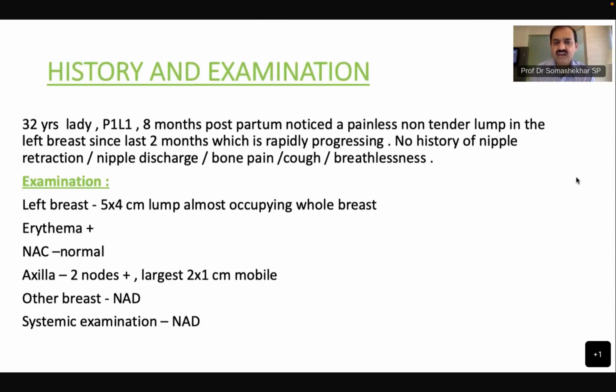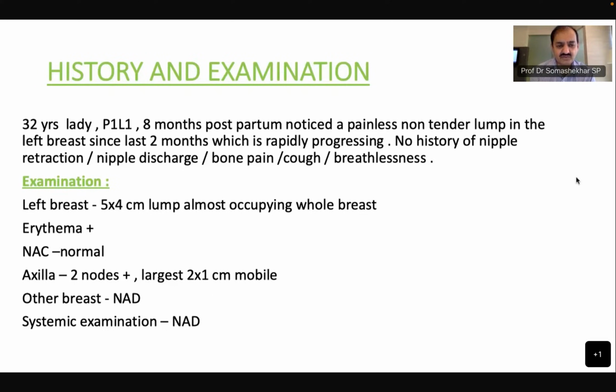So, a young lady, 8 months after her delivery, noted a painless, non-tender lump in the left breast since 2 months, rapidly progressing. No history of nipple retraction, discharge, bone pain, cough, breathlessness. On examination, she has a 5 by 4 centimeter lump occupying the entire breast, with erythema and an erysipeloid rash-like feature on the breast.